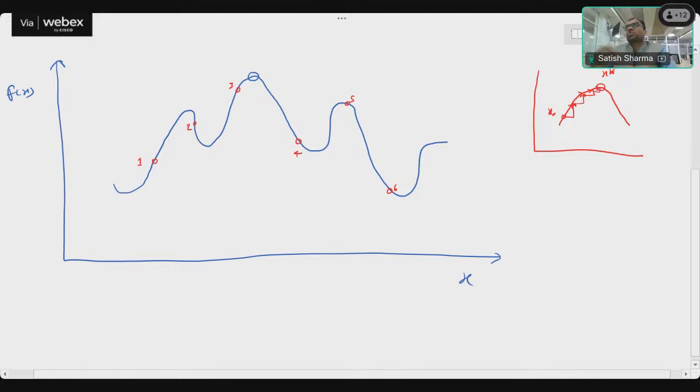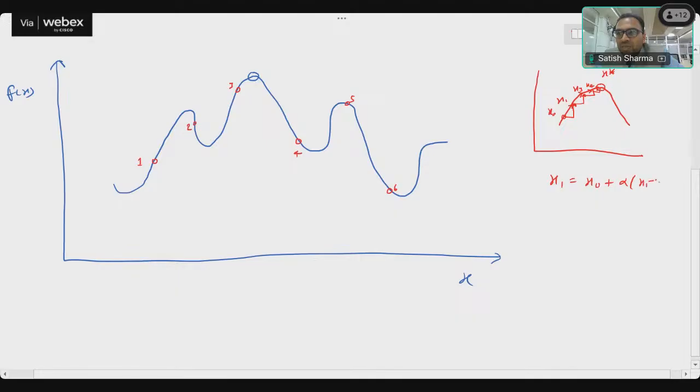This is how some step is added to the initial solution, until the objective function stops changing very much. The difference between x naught and x1, then x3, x4, and finally x5, let's say. So x1 is x naught plus some alpha, a step size.